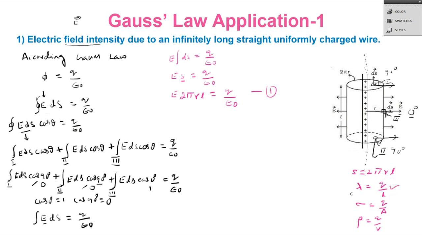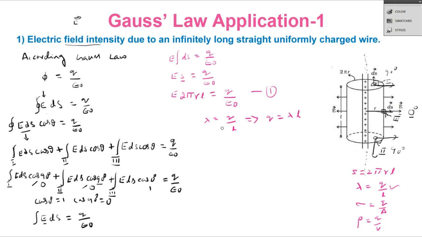Now I take this linear charge density, lambda is equal to Q by L. So what is Q? Q is equal to lambda L. Are you clear?